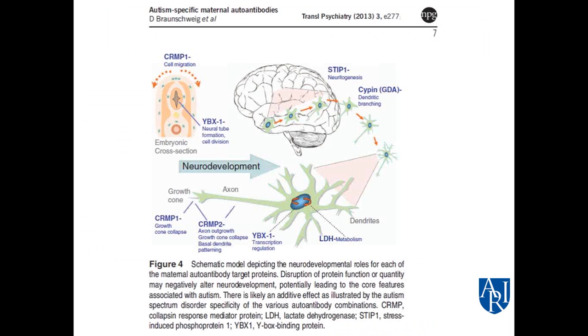It's been well done. Now, this is from a recent paper by Judy Vanderwater's group that demonstrates their finding of specific antigenic targets to which these antibodies are directed. And they are listed here, YBX1 and so on.